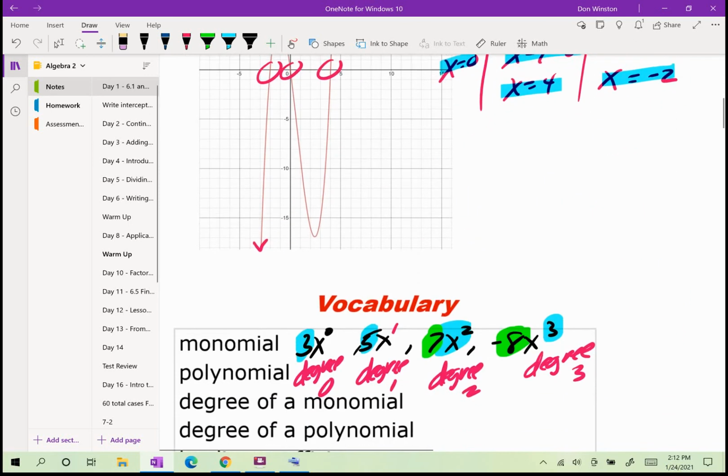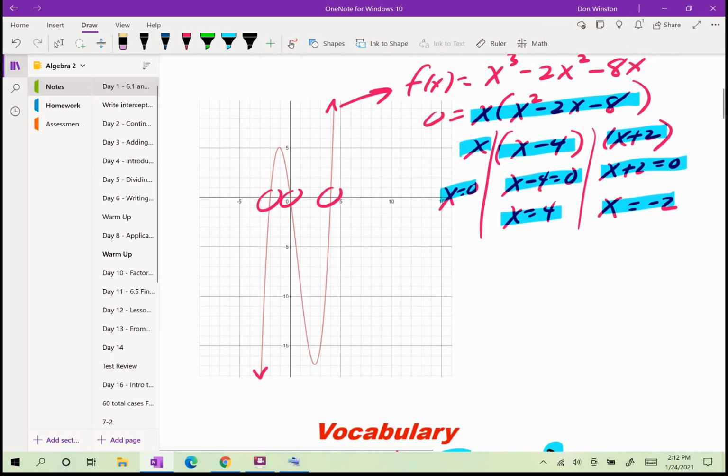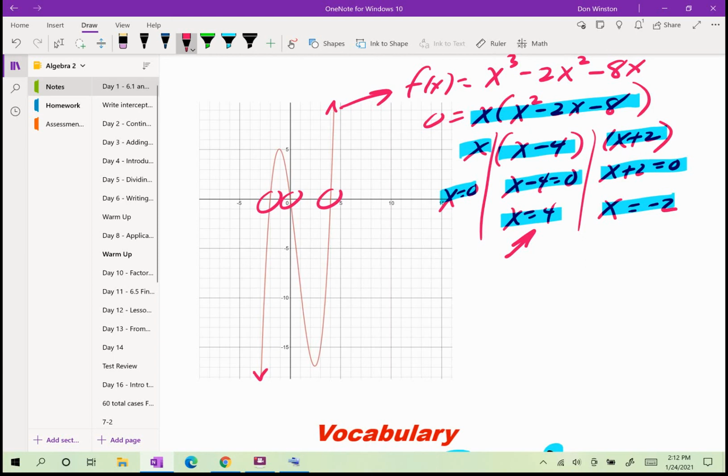And again, if my zero here was x equal to 4, then my factor would have been x minus 4. That would have given me the zero of 4. Again, I would just reverse. I would make the right side equal to 0, so I have to subtract 4. That would be the factor for the zero x equal to 4. If x is equal to negative 2, I have to add 2 to make the right side 0. Then the factored form will be x plus 2.